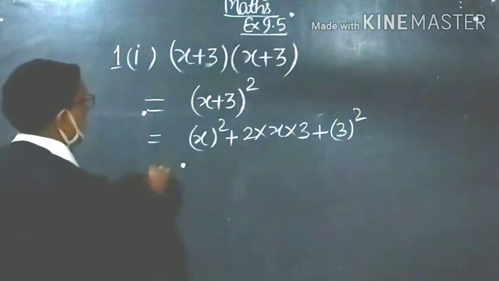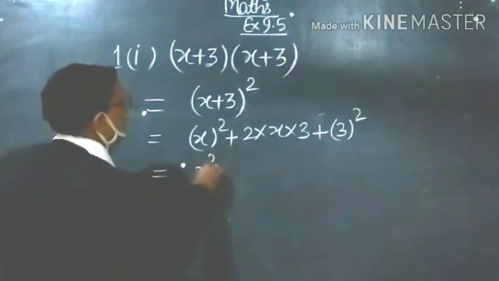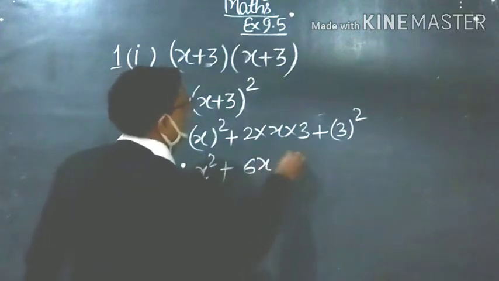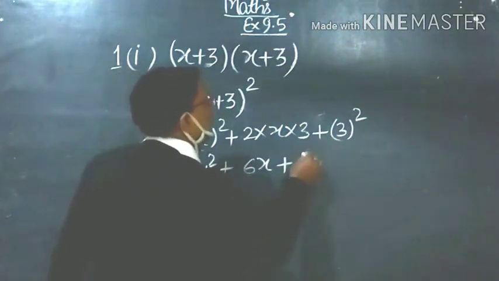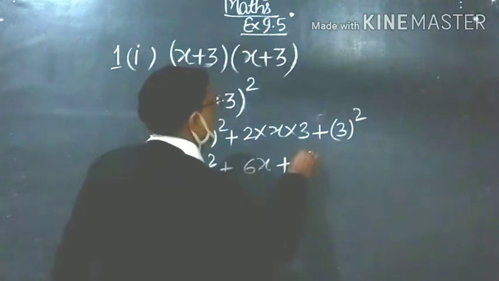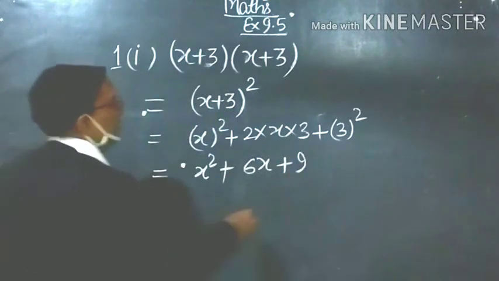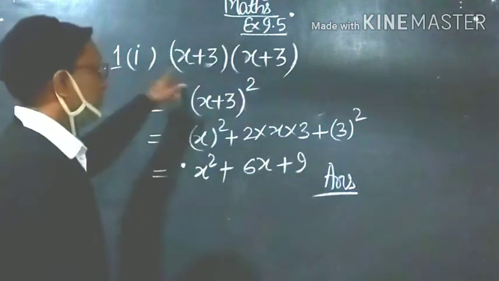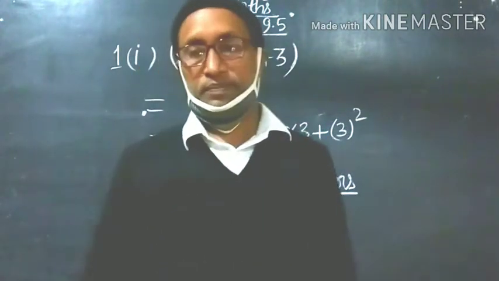Then you simplify it, you get x square plus 2 3s are 6x plus 3 square, 3 into 3 that is 9. It is your product of the given binomial.